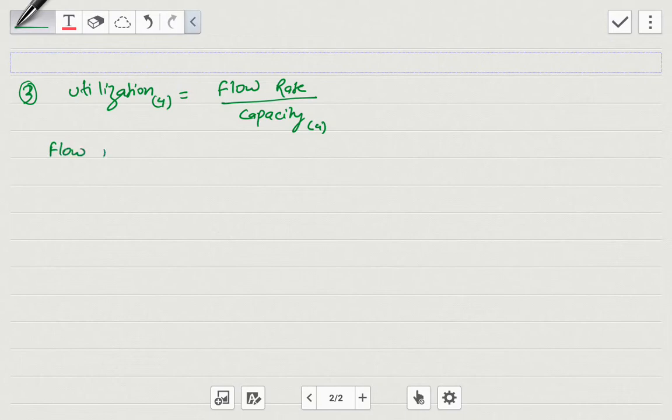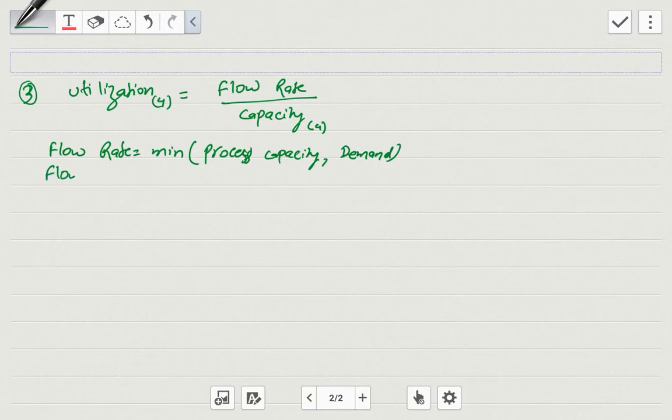What is flow rate? Flow rate is the minimum of process capacity or the demand. In our problem, there is no mention of the demand, so we assume the demand is infinite.